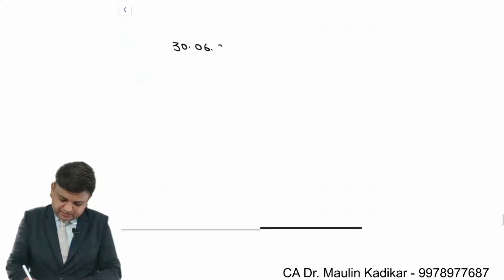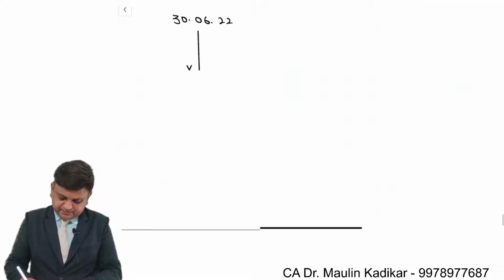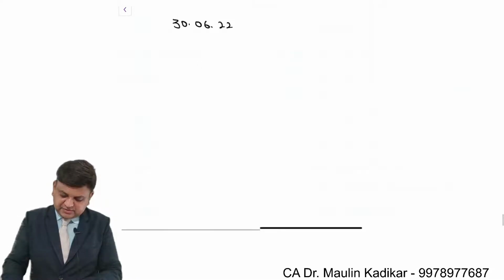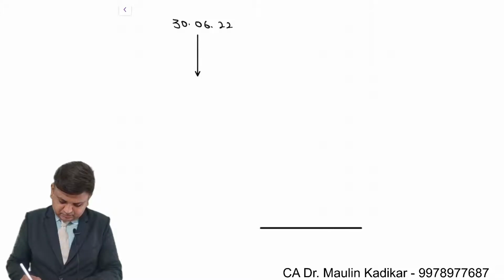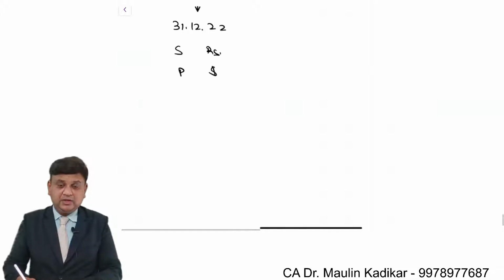30th of June 22, a forward contract must have been entered upon for 31st of December 22. It was sell of rupees and purchase of dollar, an amount of 2 lakhs.